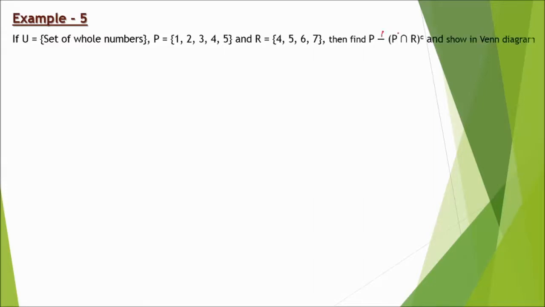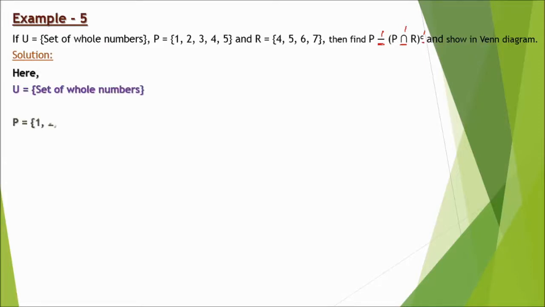See, there is the difference operator, there is intersection, and there is complement. Whatever is inside the bracket, intersection, so we have to start with intersection, then do complement, then finally do the difference operator. There are three operators, so this example is solved in three steps. Okay, one operator at a time.